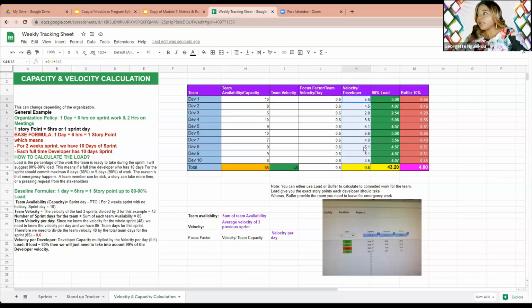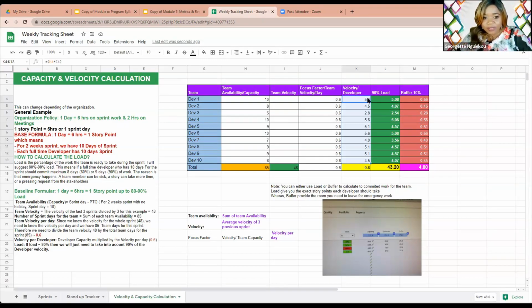So now we finish our calculation. And so normally this guy can take up to 5.6 story points, right? Now, you don't stop there. Do you give him all the 5.6 story points? It is risky.